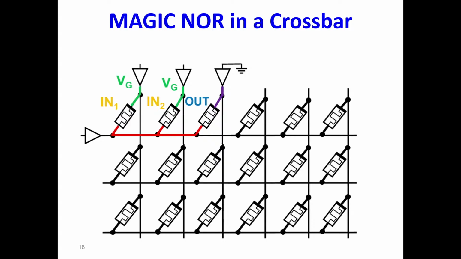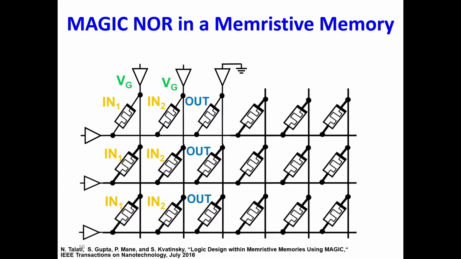So we can just apply voltages across the bit lines and get, in this case, a NOR gate within the crossbar. And not only that, but we actually can have more than one gate, because we apply the voltages only across the columns. So we have multiple gates that can work independently across the different rows.